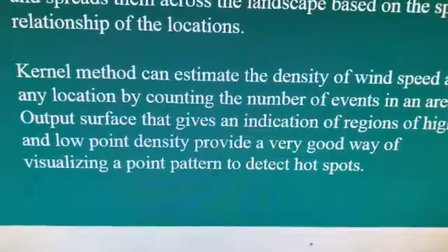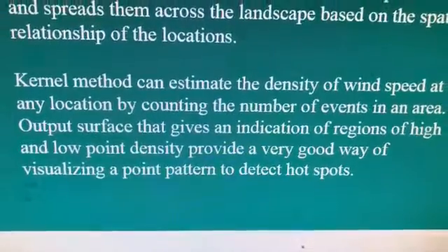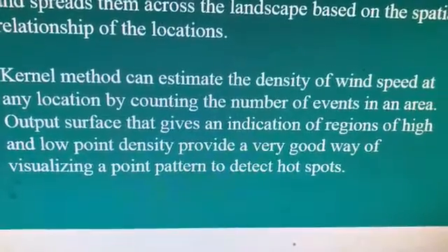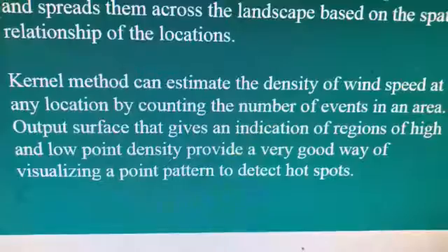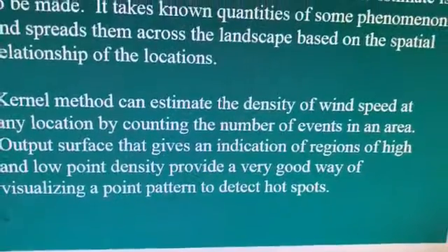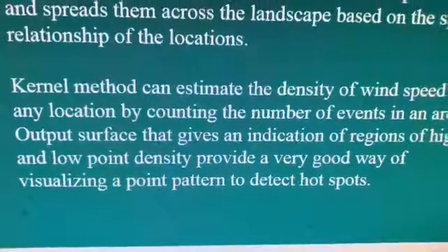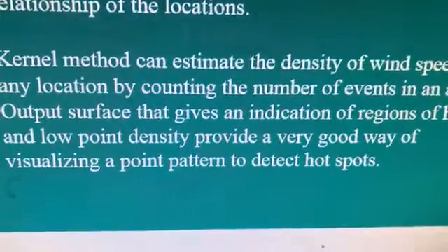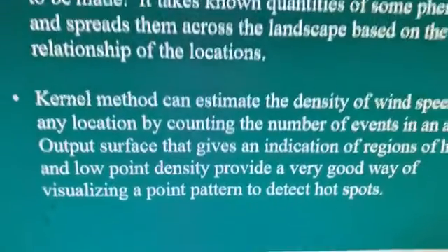Kernel meters can estimate the density of wind speed at any location by counting the number of events in an area. The output surface gives an indication of the regions of high and low point density, and provides a very good way to visualize a point pattern to detect hotspots.